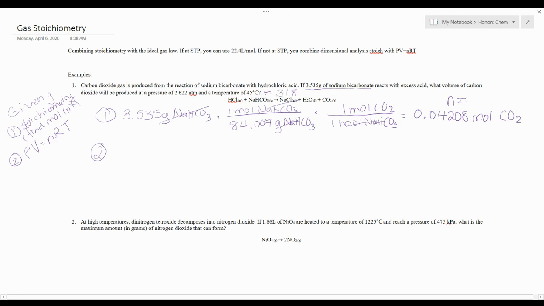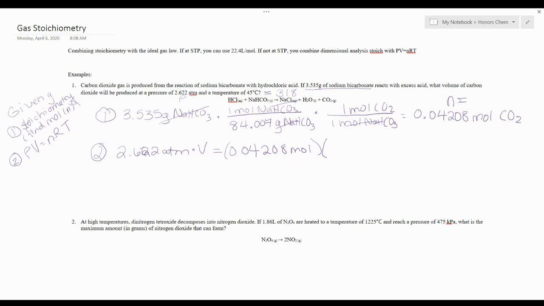All right, so plugging in our numbers. Pressure is given in the problem, so it is P. So that's going to be 622 atm, times volume, that's the one we don't know, equals n, that's what we just found from our stoichiometry, times R. So you can use either the R that gets you liters or milliliters.